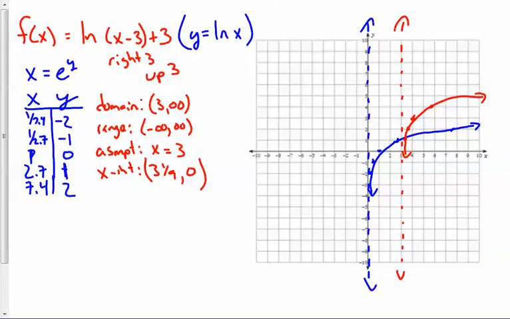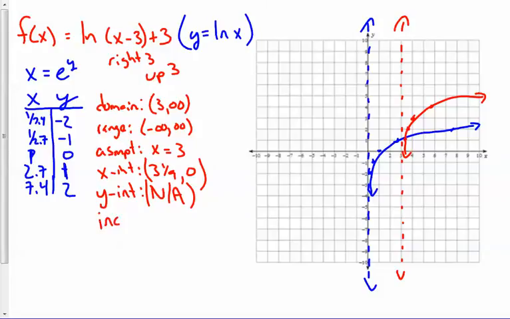Actually, that's approximately right. It would be e to the negative third, whatever that is, plus 3. So that's probably going to be about 3.11 something. So y-intercept, the y-intercept does not exist. It will not cross the y-axis. You can put NA there.